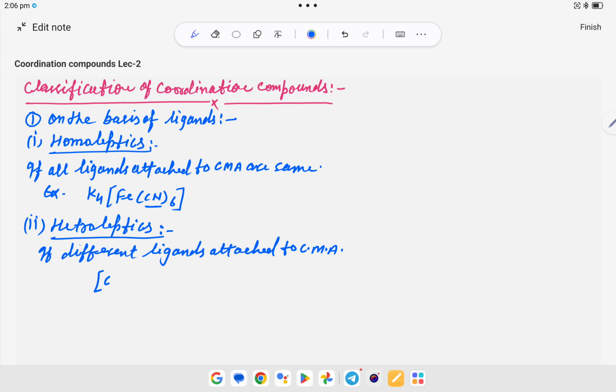Example, Cu(NH3)ClBr. So here Cl, Br and NH3, three ligands are attached. Here CMA is Cu, ligands are chlorine, bromine and NH3.